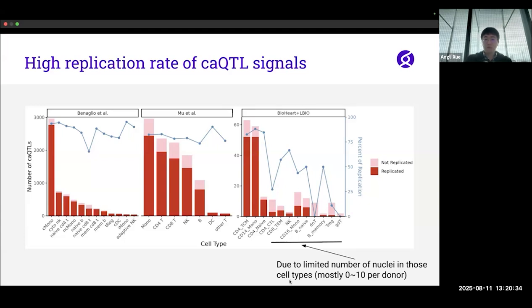As I demonstrated before, the detection power is heavily dependent on the number of nuclei per donor, so I think this is just a power issue. But if you look at the most abundant cell types, the CD4 central memory T cells and the monocytes, the replication rate is really high.